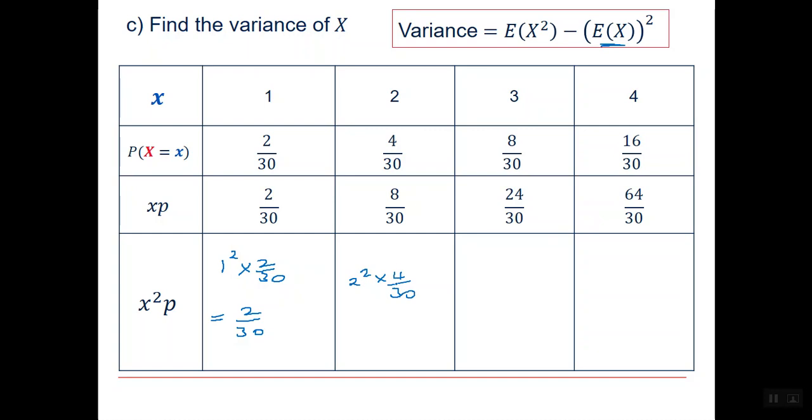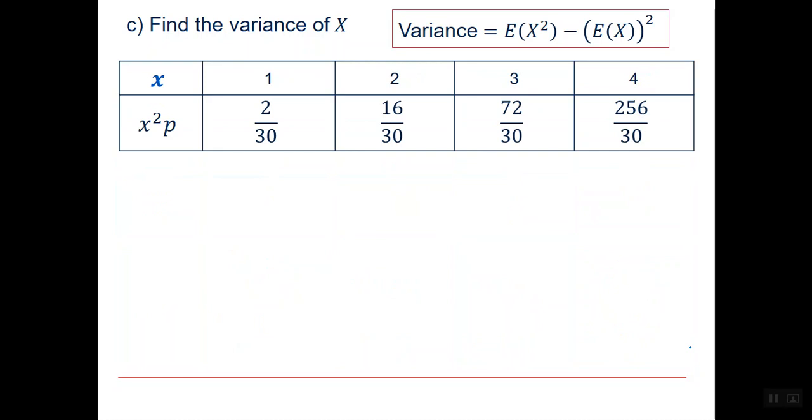So that's 4 times 4 over 30, which is 16 over 30. And then 3 squared times 8 over 30, which would be 72 over 30. And then finally we have 4 squared times 16 over 30, which is equal to 256 over 30.